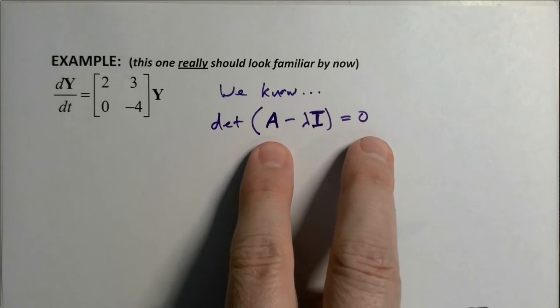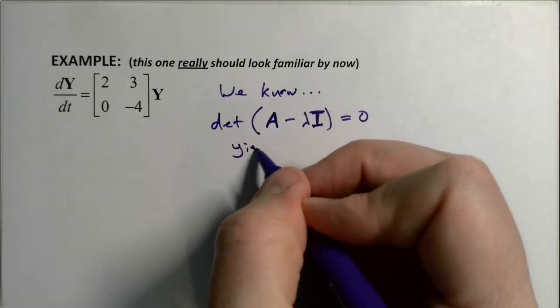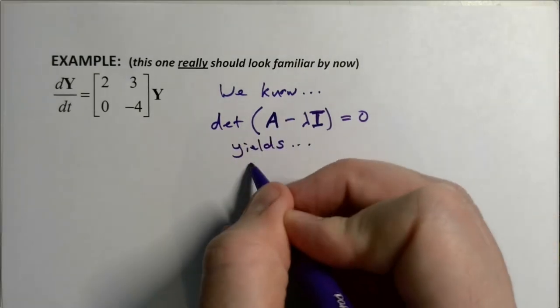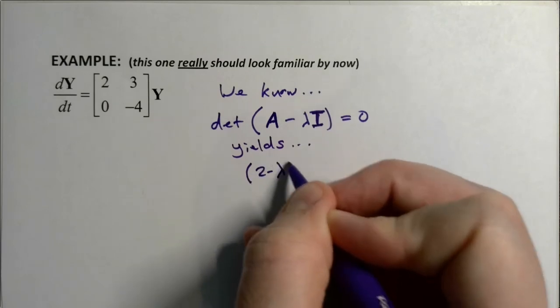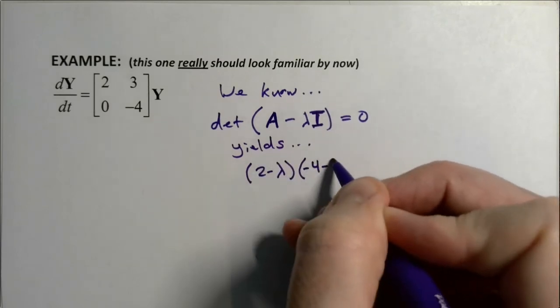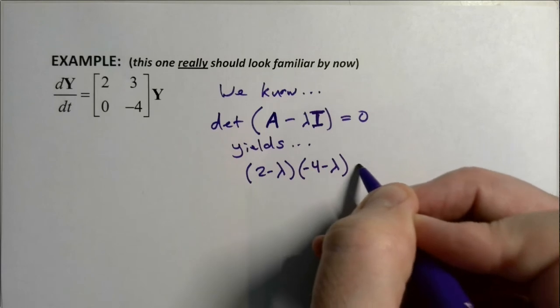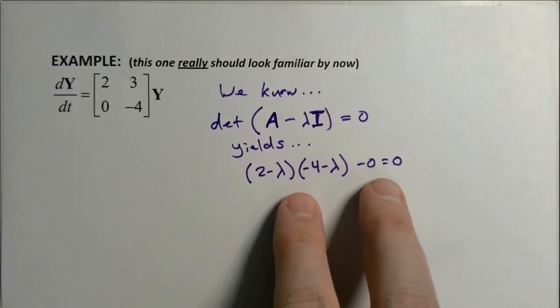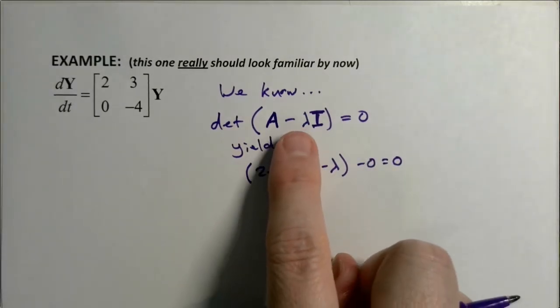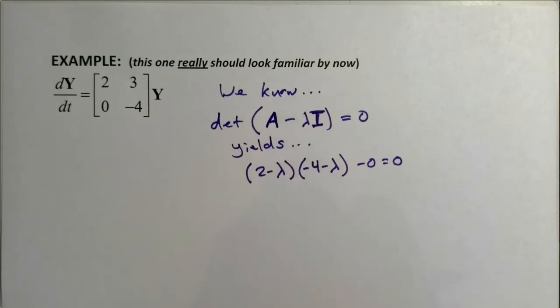This equation yields 2 minus lambda times negative 4 minus lambda minus 0 equals 0. This is what we would get if we did that modified coefficient matrix. We did that a couple pages ago.